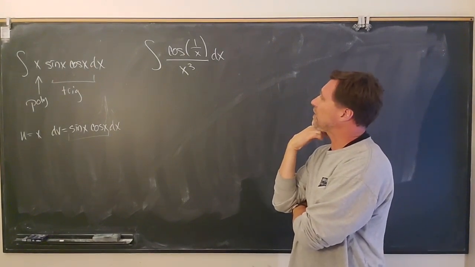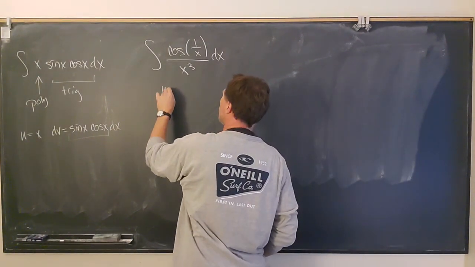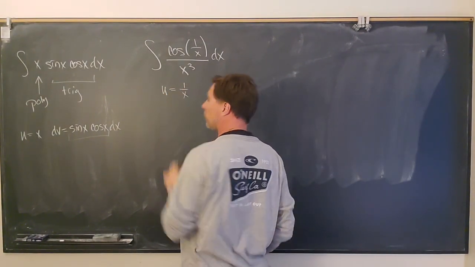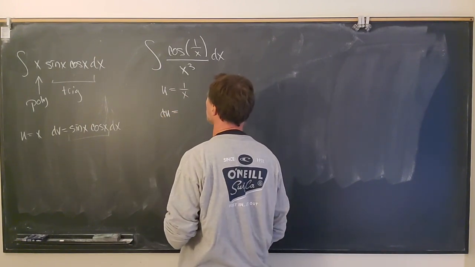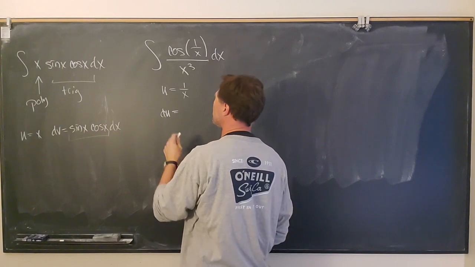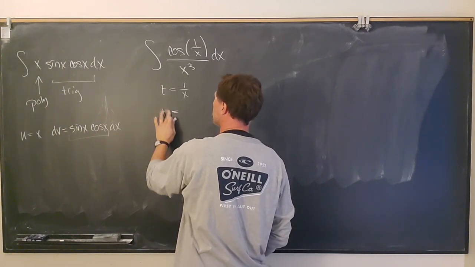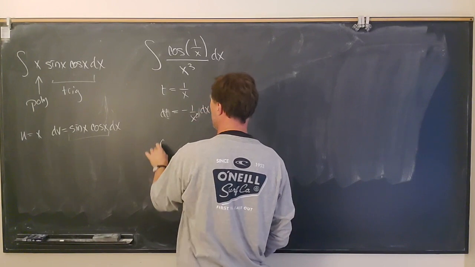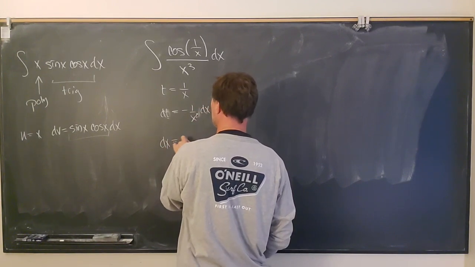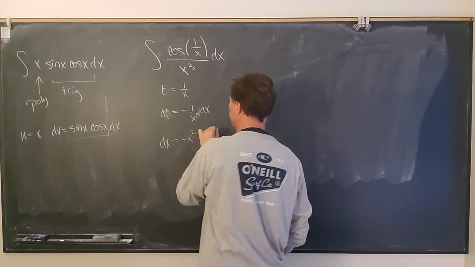But in this case, I think there's really only one option, and that's to do substitution, where you let u equal 1 over x. Actually, instead of u, let me call it t. t equals 1 over x, dt equals negative 1 over x squared dx, which means that dx equals negative x squared times dt.